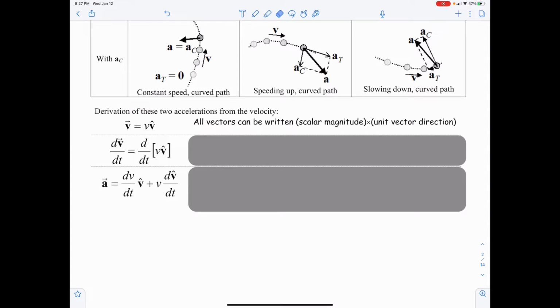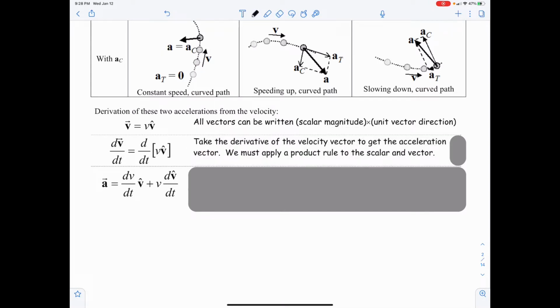Well, let's go ahead and differentiate both sides of the equation with respect to time. So if I differentiate velocity with respect to time, I get acceleration. That's pretty easy. But if I differentiate this side here, I'm differentiating a product. I'm multiplying a scalar magnitude times the vector direction. So I'm going to have to use the product rule.